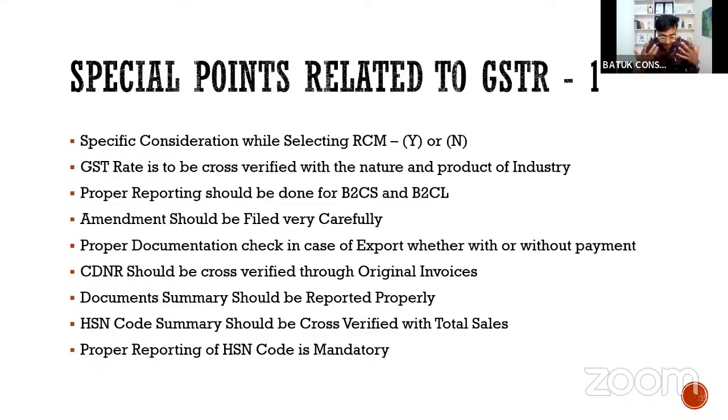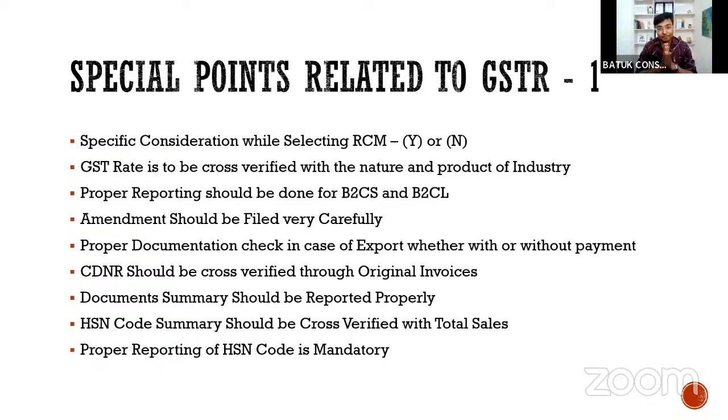So many times there may be chances that we report it under B2CS itself. We are not going to show it in B2CL. So this will be an error from our side. There will be no effect on the revenue of the government. But the point is that there will be an issue with the reporting. And the departmental authority has the power to charge a general penalty on account of the compliance failure. So we need to be very careful from that perspective.